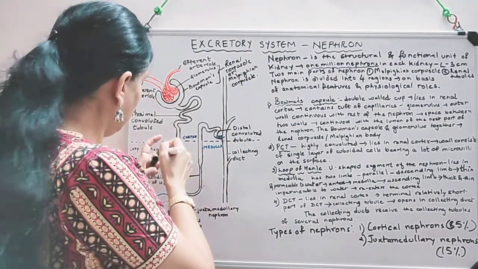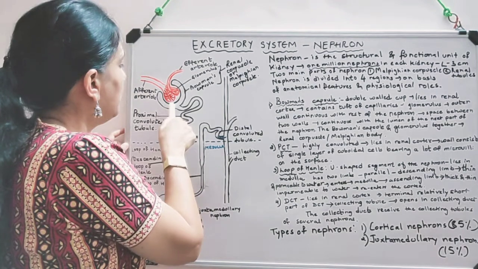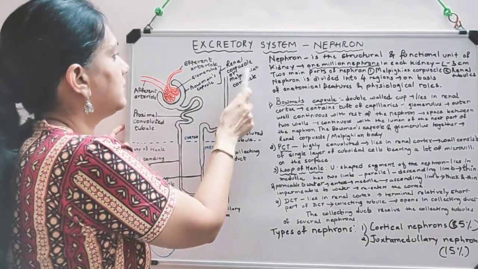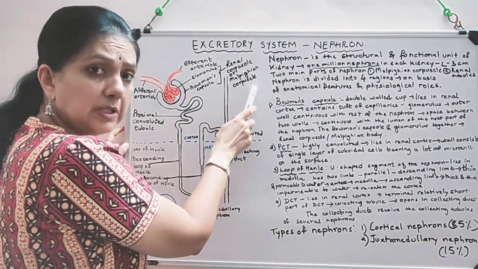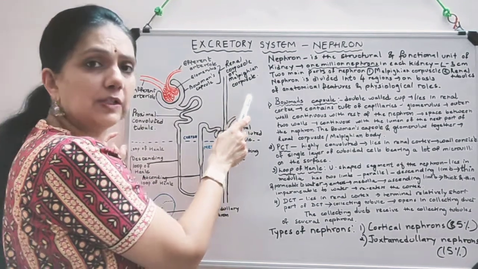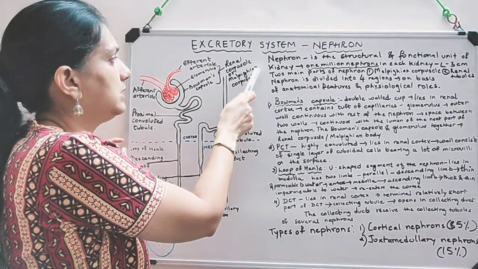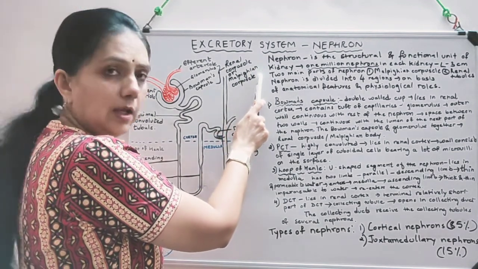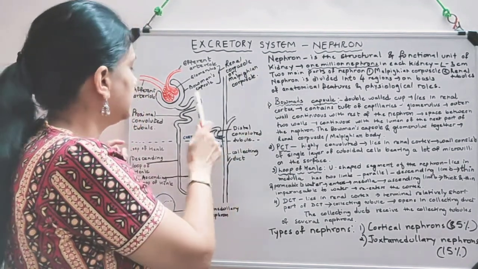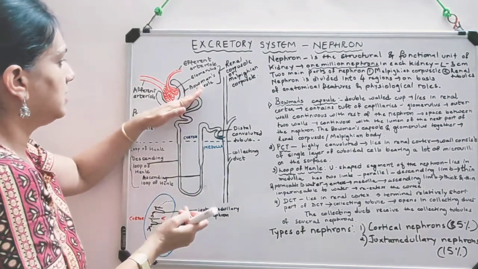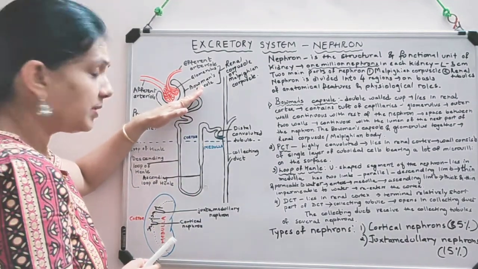So glomerulus and Bowman's capsule together make the Malpighian corpuscle. Malpighi was an Italian scientist, and after him the name is given. So it is Malpighian corpuscle or renal corpuscle.